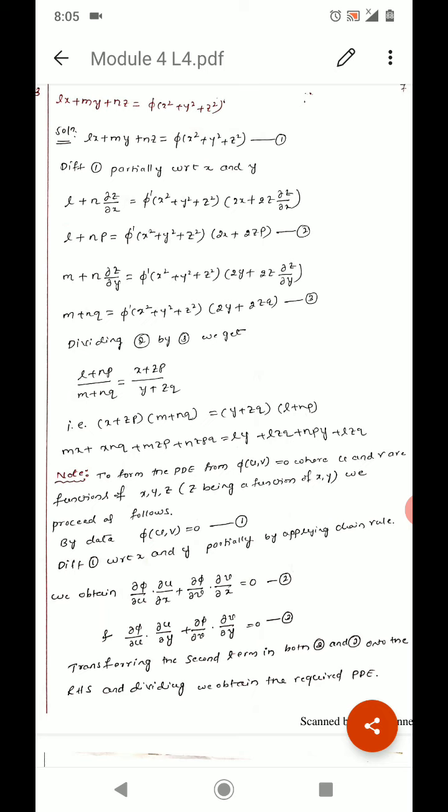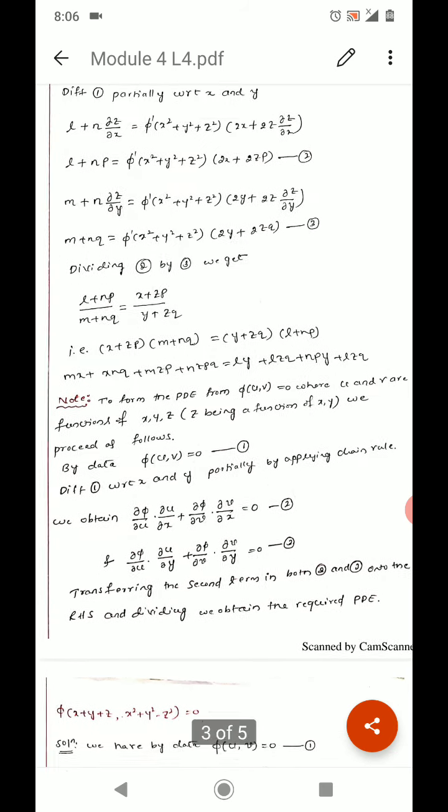So that becomes del phi by del u into del u by del x plus del phi by del v into del v by del x, which is equal to 0. Now with respect to y, that will become del phi by del u into del u by del y plus del phi by del v into del v by del y, which is equal to 0.